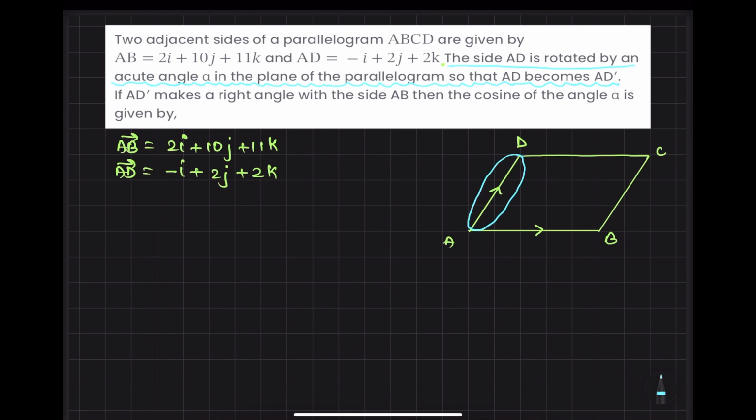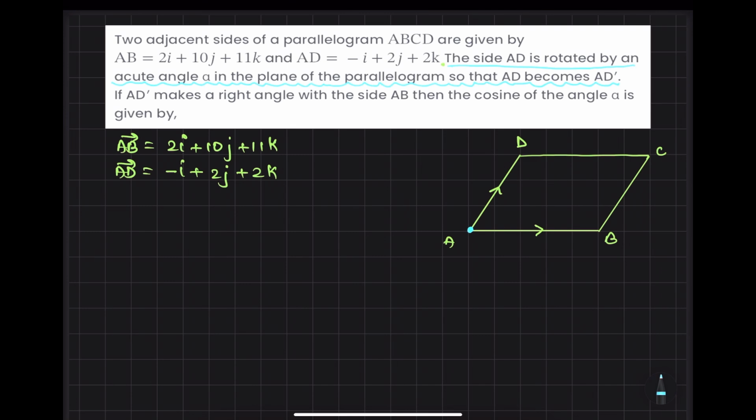This line will be rotated, and it should be rotated in such a way that the line will remain in the plane. It will never come out of the plane. This will make an angle alpha and AD will become AD dash, meaning A will remain fixed.